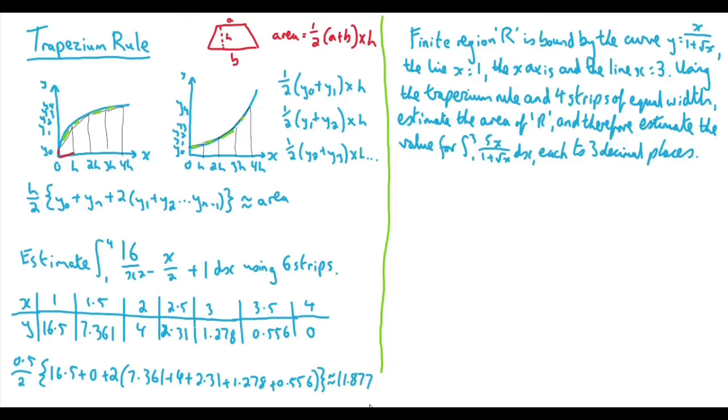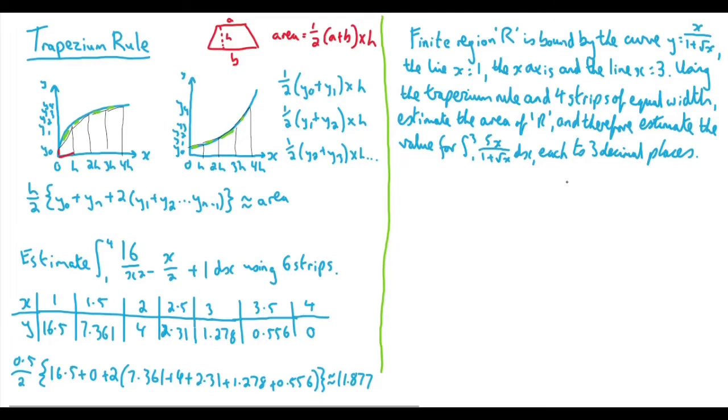If we can see what we've done here, let's see how you could get along with a question of your own. The finite region R is bound by the curve y equals x over 1 plus root x, the line x equals 1, the x-axis, and the line x equals 3.